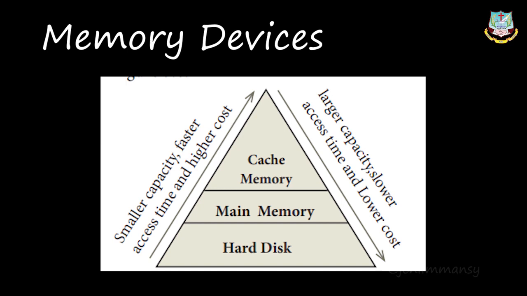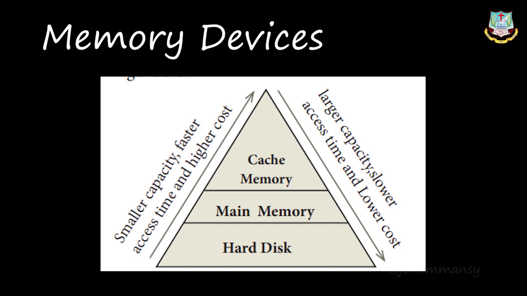Okay, different memory devices are arranged according to the capacity, speed and cost. That means according to the capacity or the space, and then the access time and the cost, the memory hierarchy is placed. That means if you see from hard disk, main memory and cache, the capacity will be smaller, but the access time will be faster and the cost will be high, right? If you see about larger capacity, hard disk has the larger capacity, right?